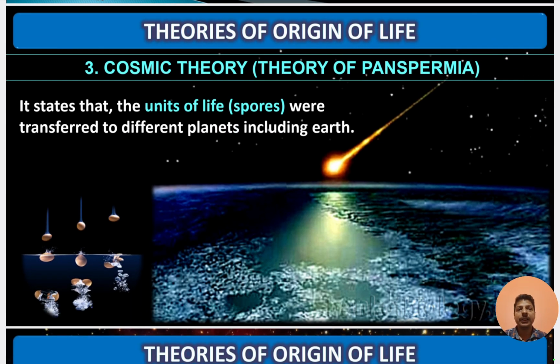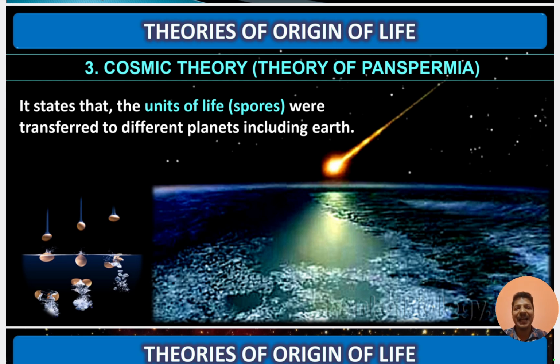Then cosmic theory, theory of panspermia. Even till now, many scientists believe this theory, theory of panspermia. It states that the unit of life or spores were transferred to different planets including Earth.